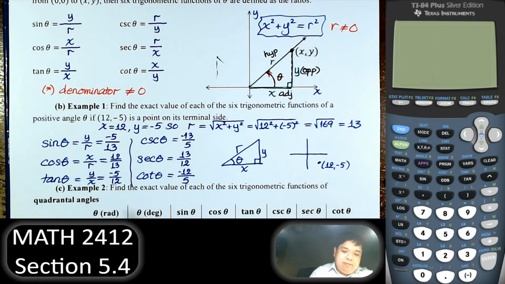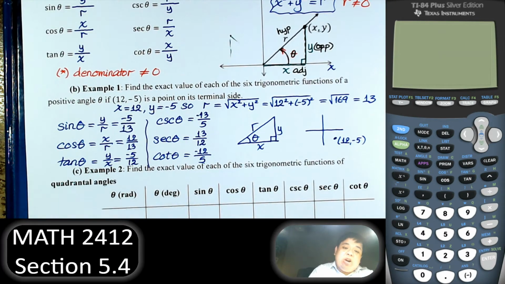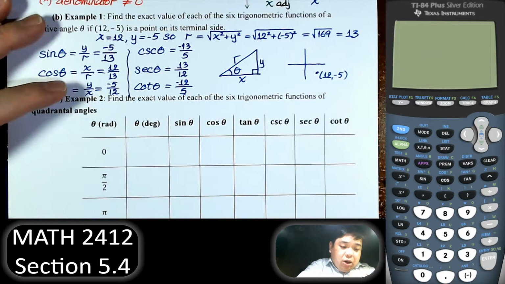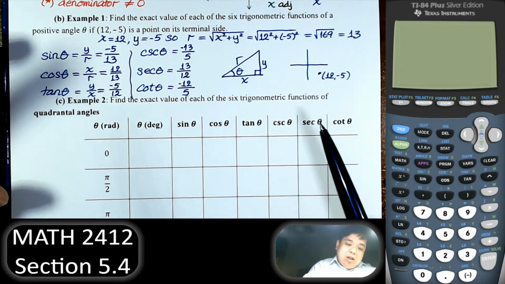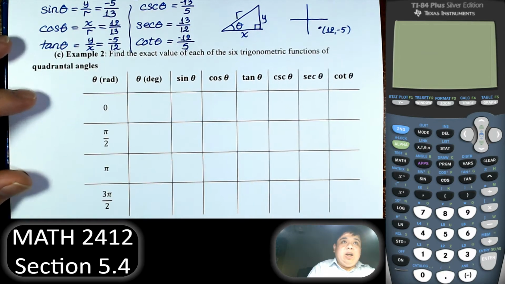As long as we have x, y, and r, we have the six trigonometric function values based on these definitions.